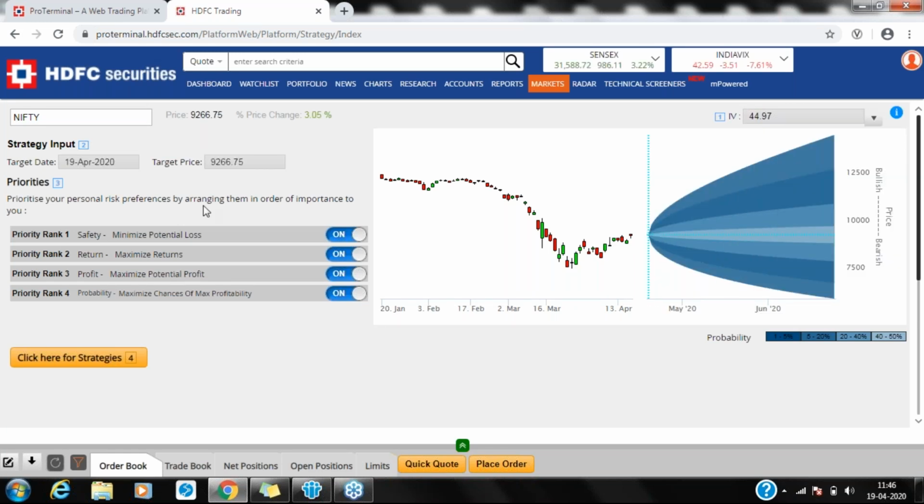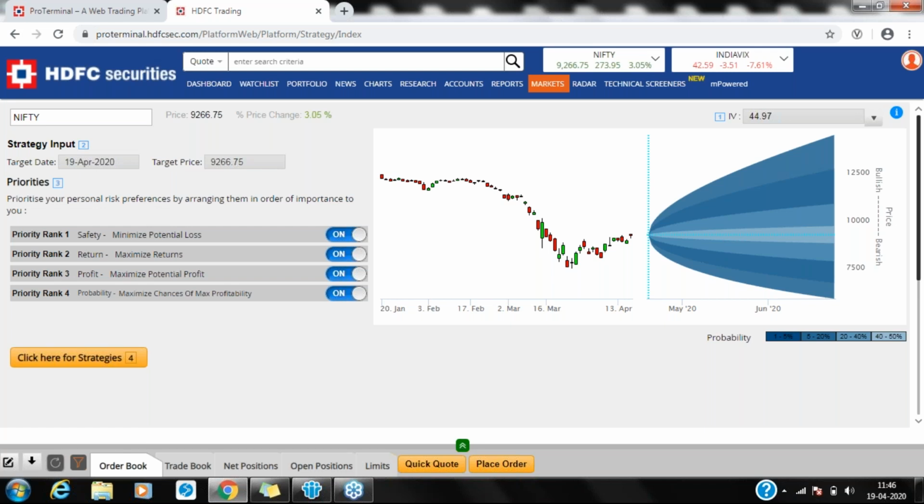So you can see this is how the strategy page looks like. This is for the Nifty, and again you can obviously add any other stock in the FNO to use this particular feature. There are two inputs that are required from your end.